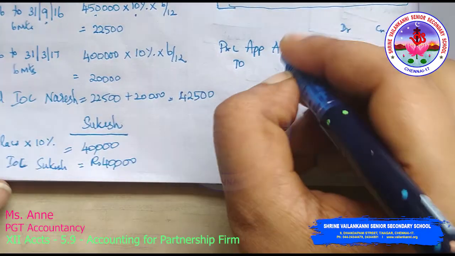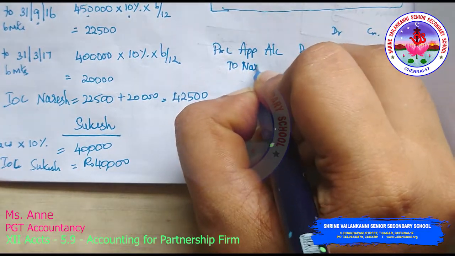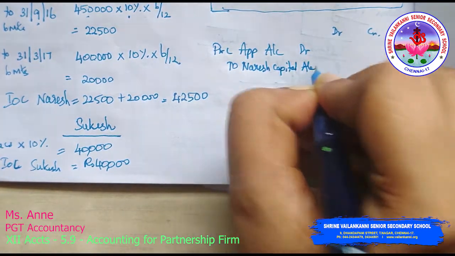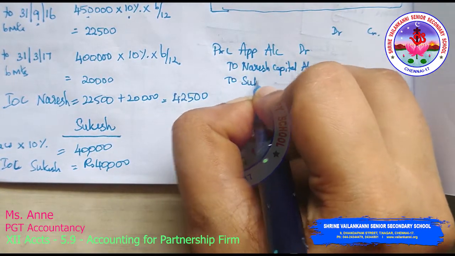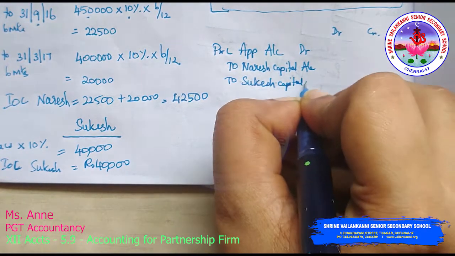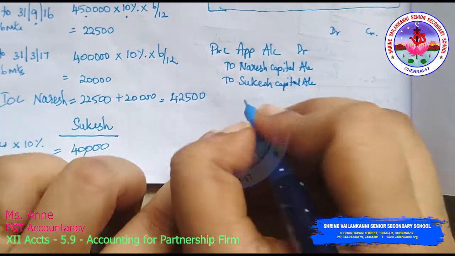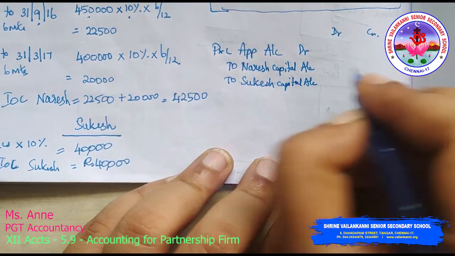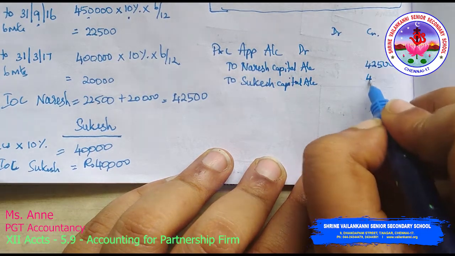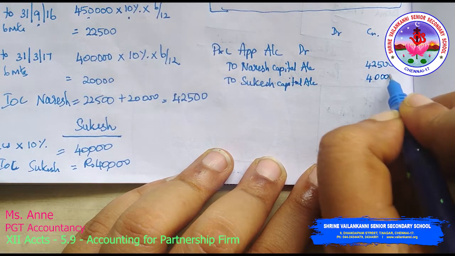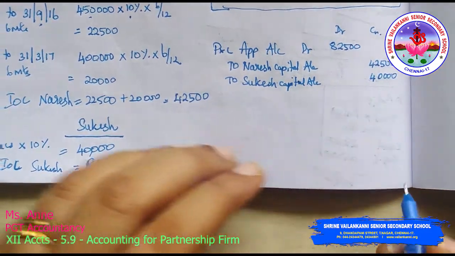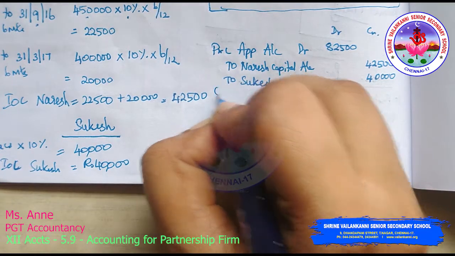So I am writing Naresh capital account, Sukesh capital account. The value, as we just found out, for Naresh is 42,500 and for Sukesh is 40,000. So totally it is 82,500.